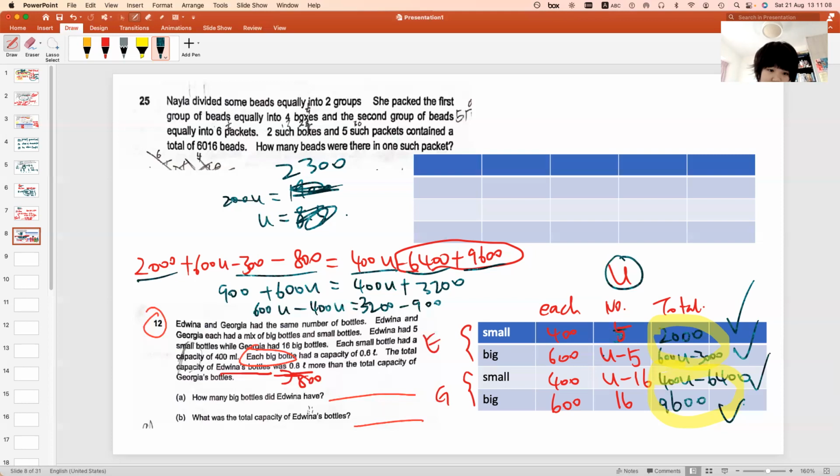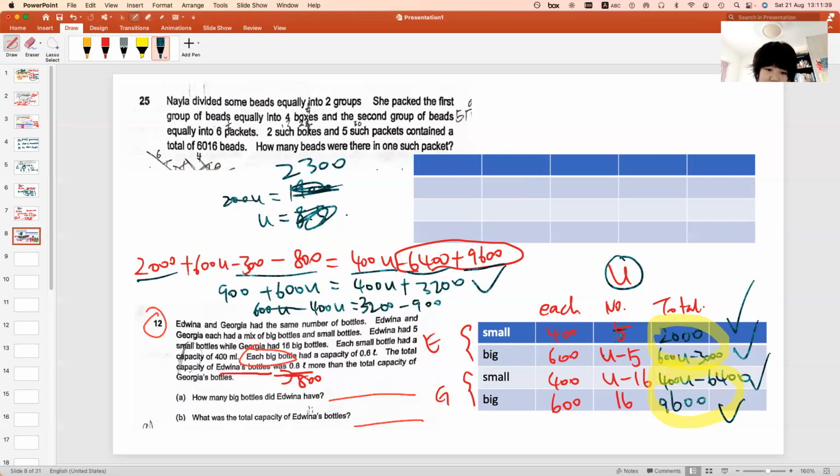So you add up. So how do you add up? So this one add this. So this one is 6400 minus 9600. This one is good. Then this is 2000 minus the 100.